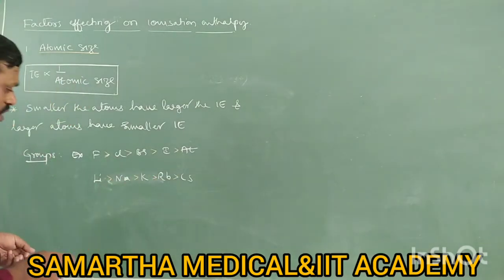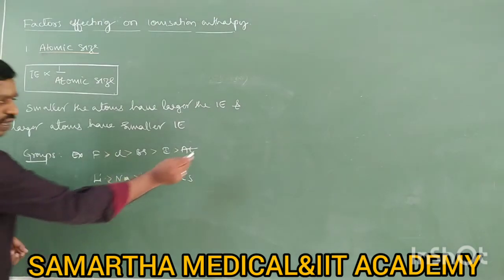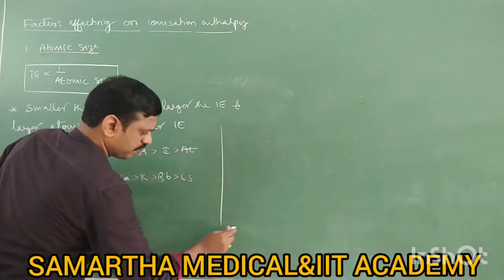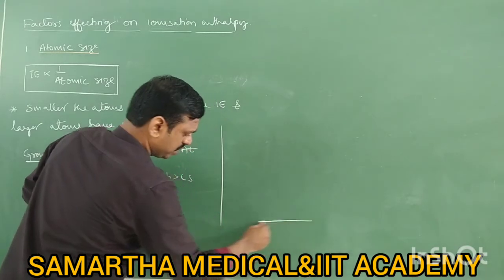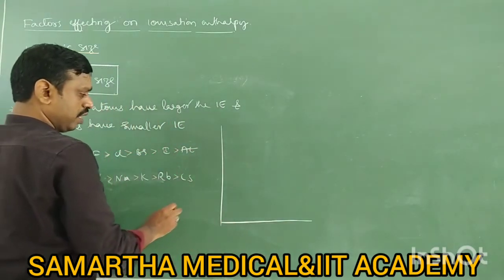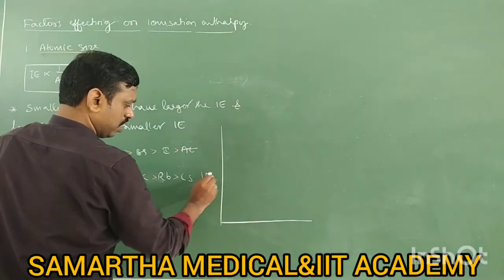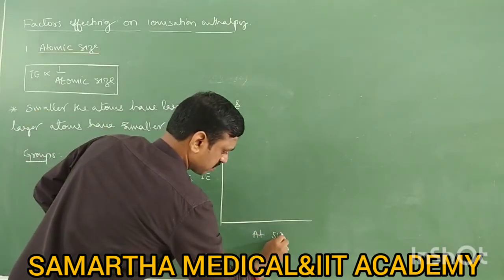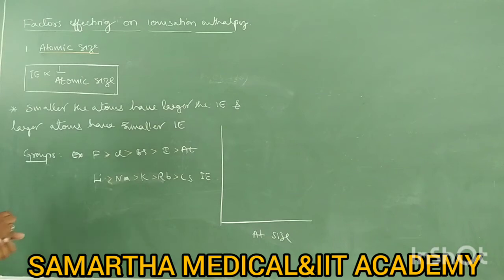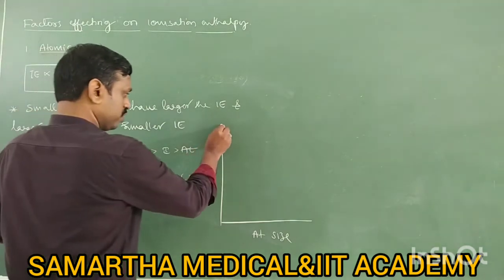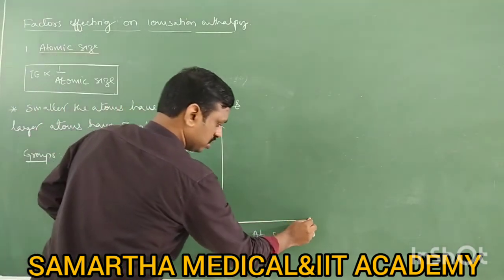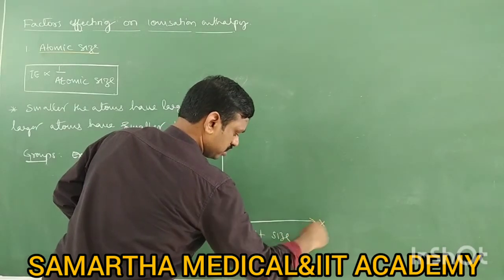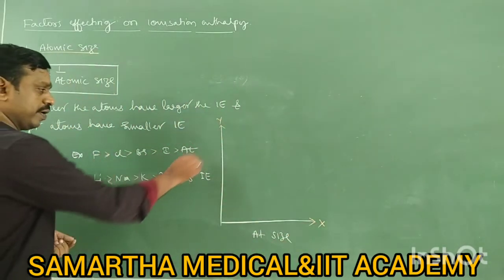Now when a graph is plotted between atomic size and ionization enthalpy, I'll draw here, taking ionization enthalpy on the y-axis and atomic size on the x-axis.